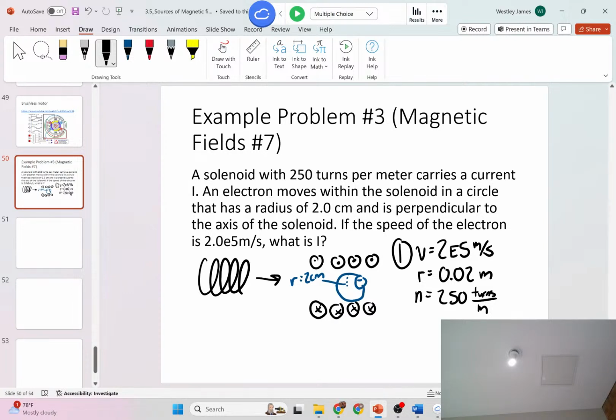What are those two things? Oh, we're solving for I. Not that it really even matters what we're solving for. Your mind should immediately say, solenoid, there's an equation. Circle, there's an equation.